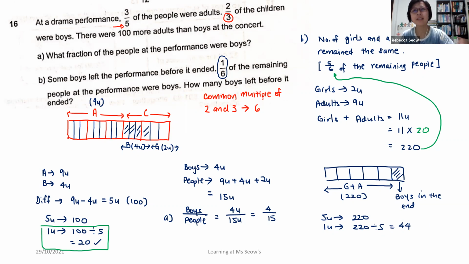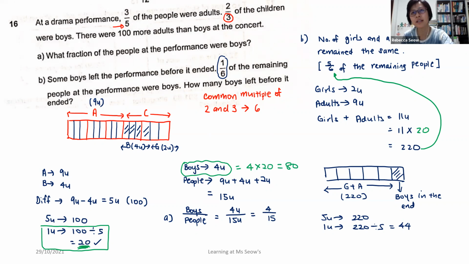How many boys left before it ended? How many boys at first? Now let's take a look. We backtrack. Boys at first. We got it here. So let's work out the number of boys at first. If 1 unit is equal to 20, remember this part? 4 units will be 4 times 20.